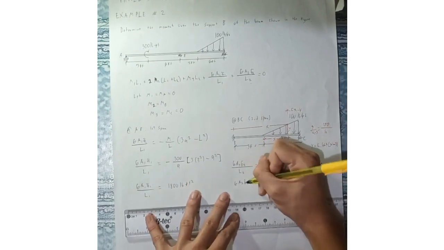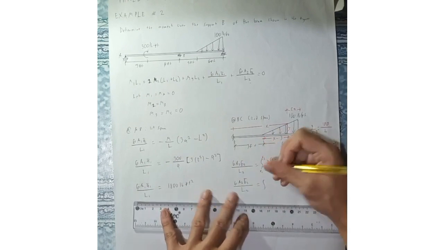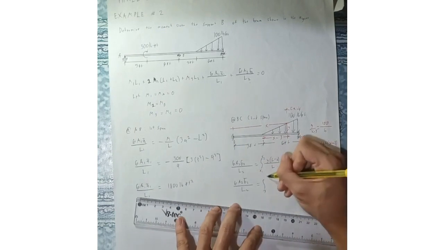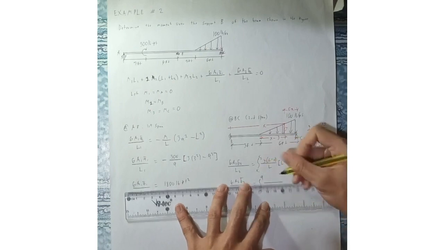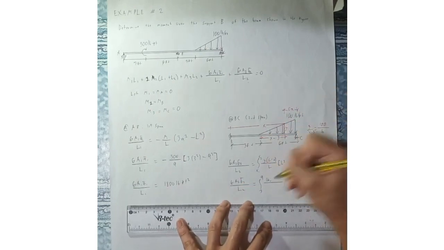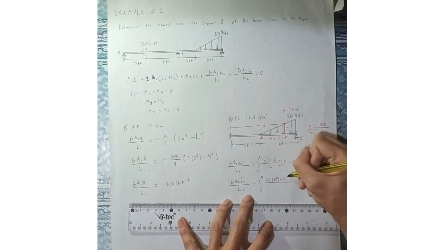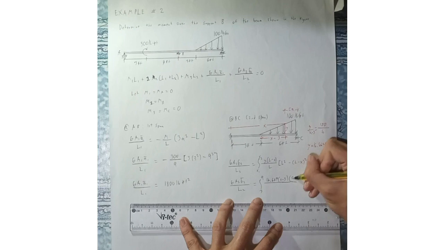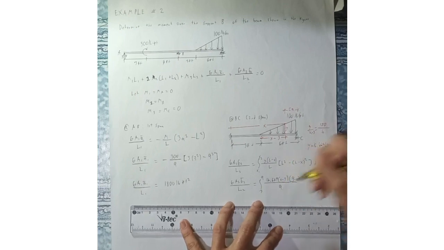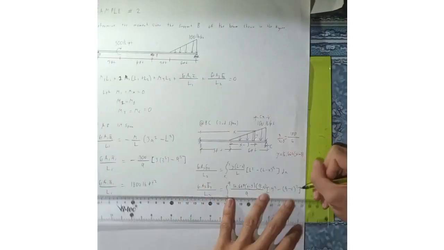So we plug in the values. So nag-start siya at 3, then 9 ang limit, and then y is 16.667 times (x minus 3) times (L minus x), which is 9 minus x, over 9 times 9 squared minus (9 minus x) squared dx.